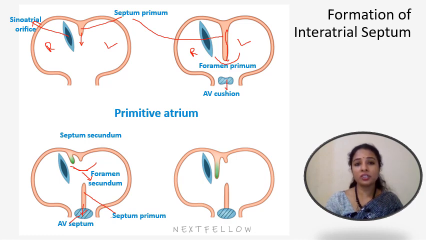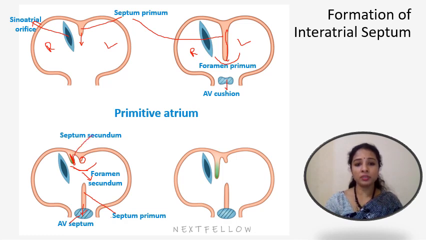The second crescentic shaped septum now arises from the roof of the primitive atrial chamber immediately to the right of septum primum. So this is the site where the septum primum had formed. Just right towards it we can see one more septum growing downwards, that is called septum secundum.